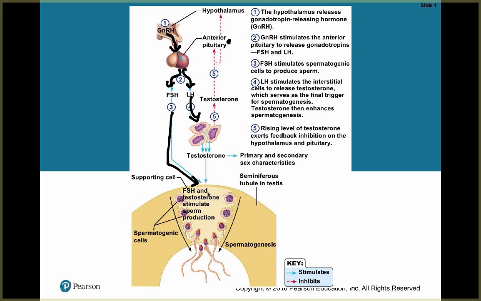Now, testosterone, or rising levels of testosterone, is going to lead to feedback, though, of the hypothalamus. And once those are high enough, right, you're going to see that it increases spermatogenesis. It helps with primary and secondary sex characteristics, primary being the actual sperm, secondary being all the things that you see on the outside. But then high testosterone levels will lead to negative feedback.